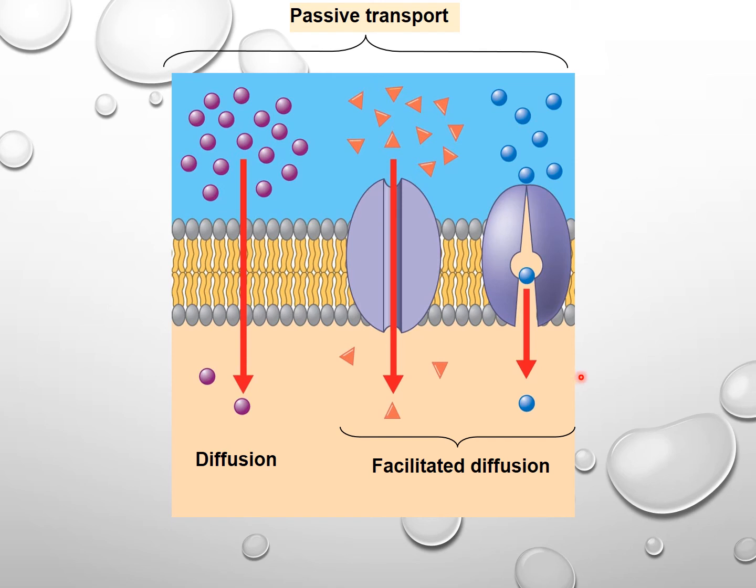This provides some potential energy and is going to lead the way to energy production when you start talking about respiration in lecture. Facilitated diffusion means exactly that. It's diffusion, where molecules can move from high to low concentration, that is facilitated by some other entity that's usually a channel through the membrane.